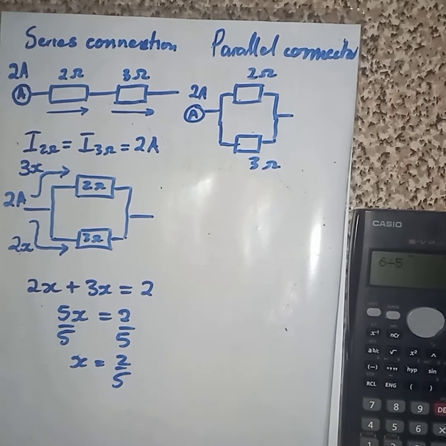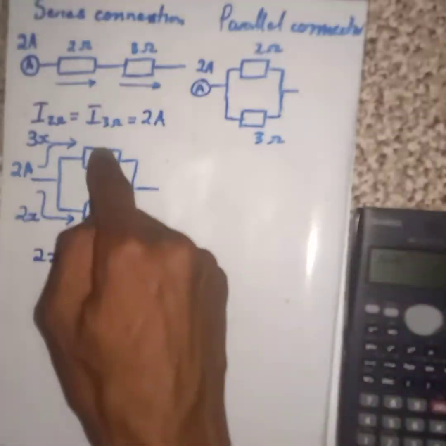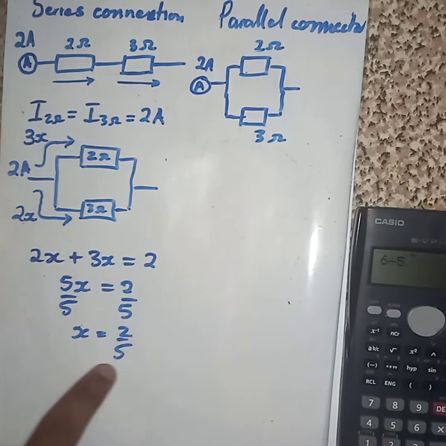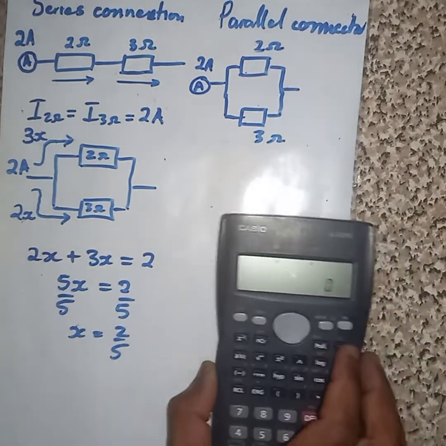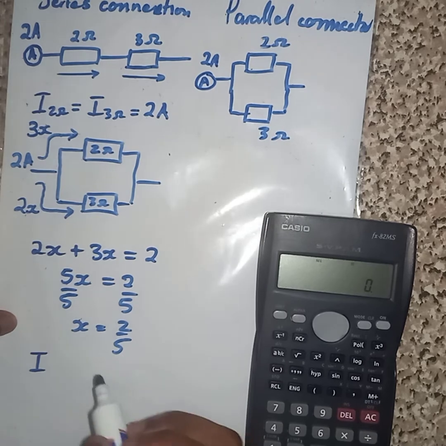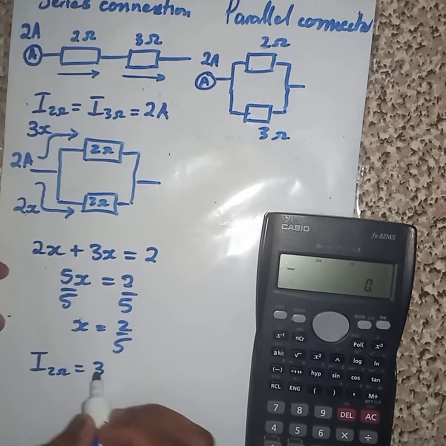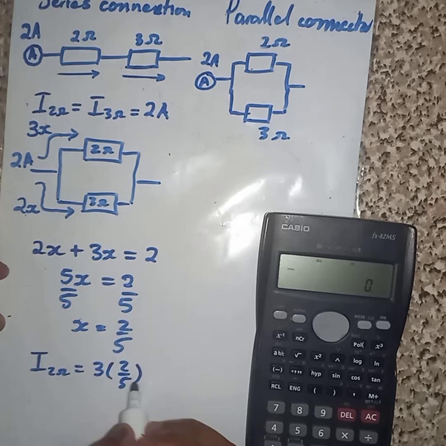Then from here, how are we going to figure out the current in 2 ohm? So simple. You see next to x, you just need to substitute this value. Then the I of 2 ohm is going to be 3 next to x, we substitute 2/5.